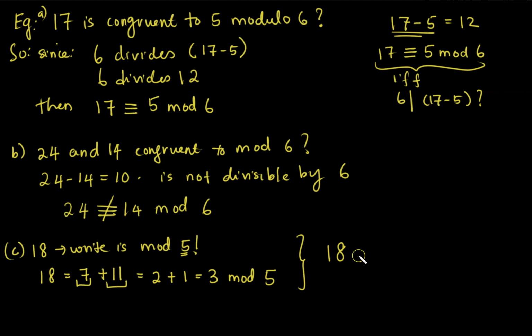Only 3 times, and you're going to have a remainder, so 18 is 3 mod 5. If you did 18 minus 3, you get 15, which is divisible by 5. So basically that's how mod works.